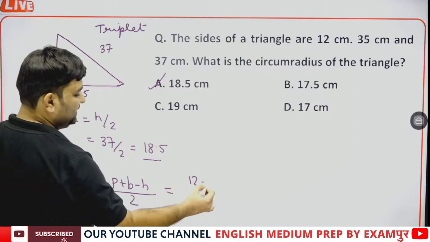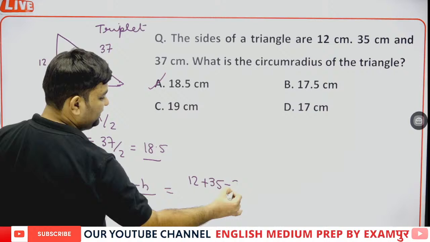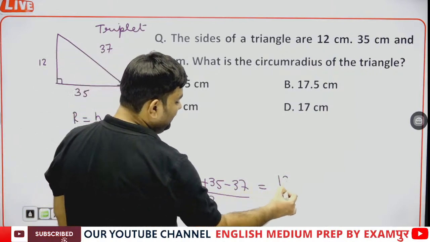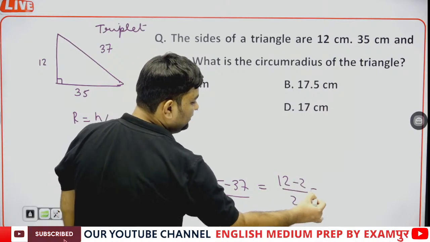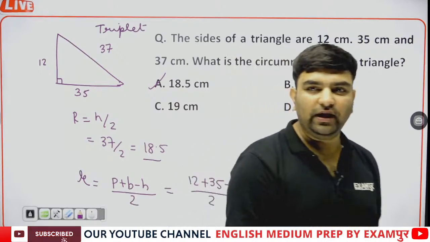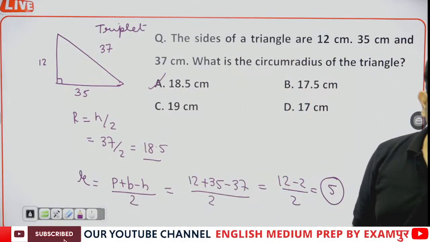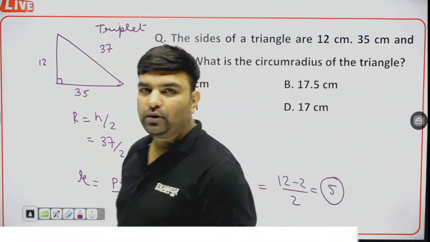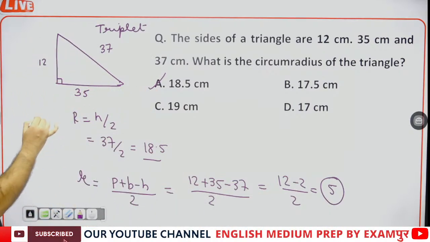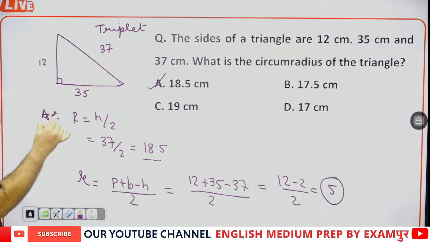Perpendicular 12, base 35, hypotenuse 37: 12 plus 35 minus 37 is 10, divided by 2 is 5. So in a right angle triangle, you should be able to calculate both the inradius and the circumradius.